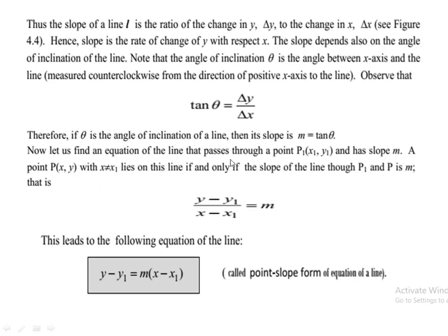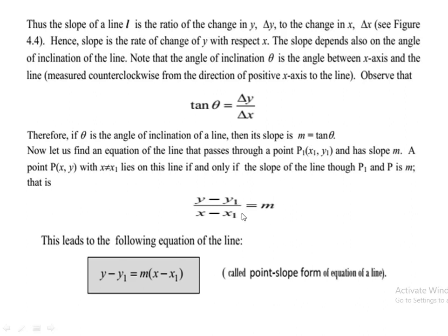Next, as I said, let us find an equation of a line that passes through the point P1 (x1, y1) and has slope m. A point P, which is (x, y) with x different from x1, lies on this line if and only if the slope of the line through the points P1 and P is m. That means the slope is change in y over change in x.